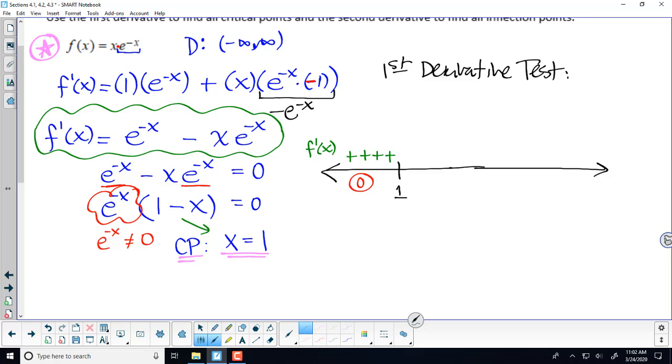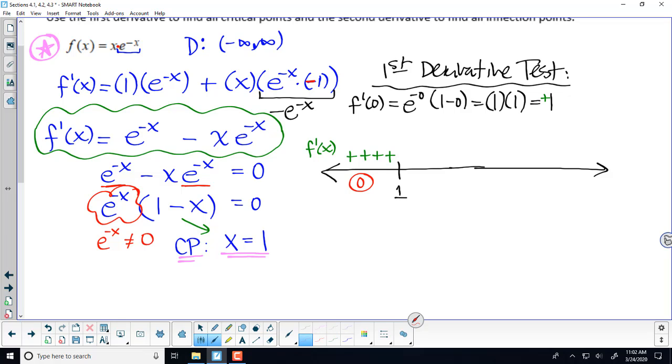Okay, so f prime of 0, what do we get? Let's just do it one time for fun. So e to the 0 is 1. Anything to the 0 power is 1. So I get 1 times 1, which is 1, which happens to be a positive number.